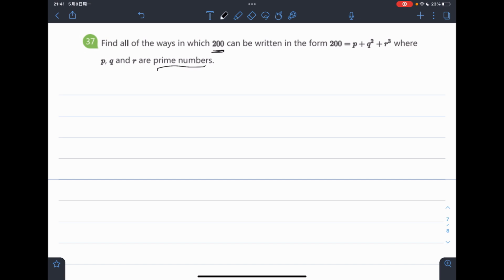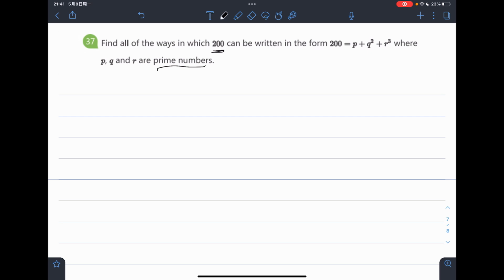Number 37, find all the ways in which 200 can be written in the form 200 equals the sum of p plus q squared plus r cubed, where p, q, r are prime numbers. All right, so have you noticed that the sum of them is 200, which is even?